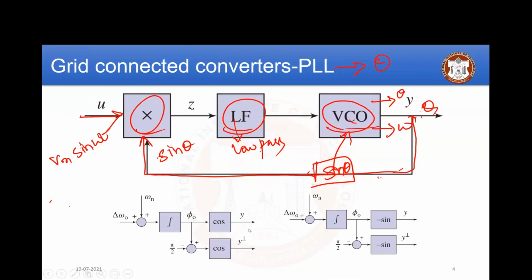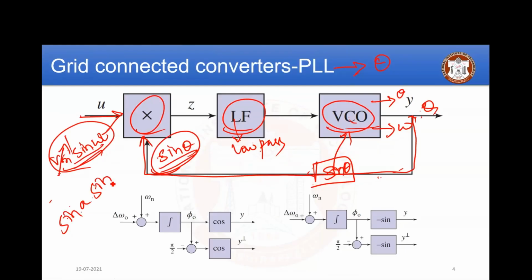So you have Vm sin omega t and sin theta. Assume that Vm is 1. So you have sin omega t function and sin theta. If you multiply sin A and sin B, you'll get two terms: cos of A minus B minus cos of A plus B. Isn't it? That means here omega t minus theta. What about cos of A plus B?